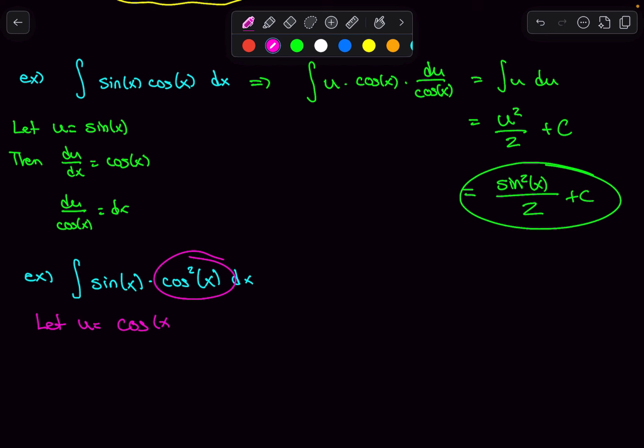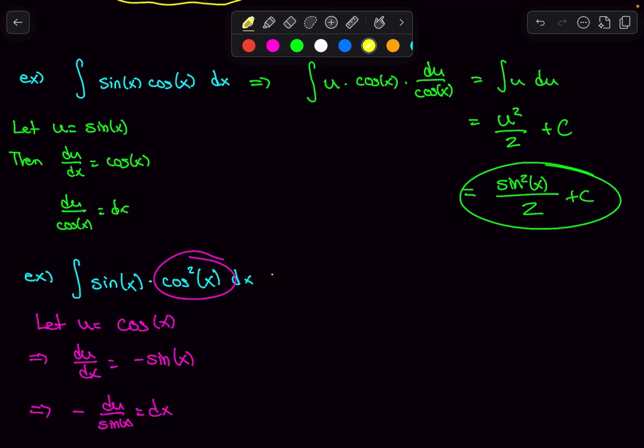But we can pick u equal to cosine of x. This gives us du dx equal to negative sine of x. With a little bit of rearranging, we get negative du over sine of x equal to dx.